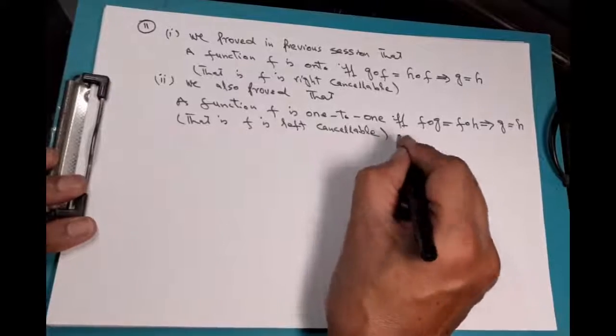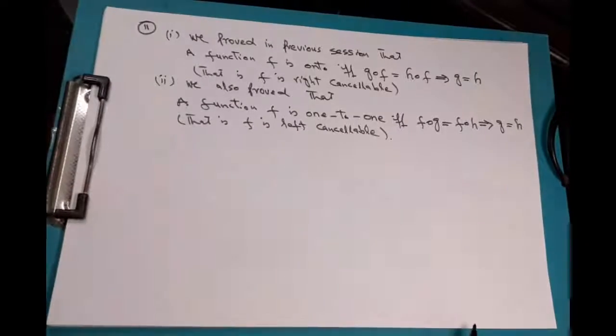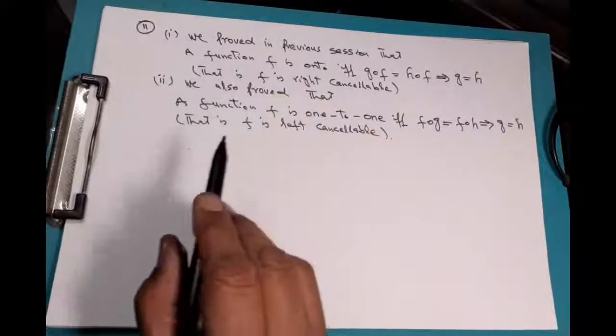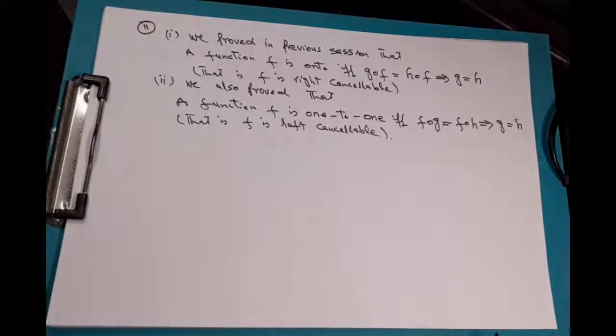And we noted that these two definitions, the first definition of an onto function and the second definition of a one-to-one function, are free from use of elements of the sets. This is the important thing to note about these two definitions.